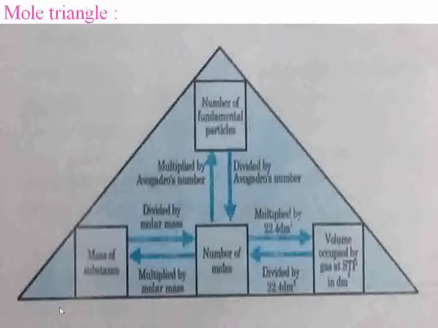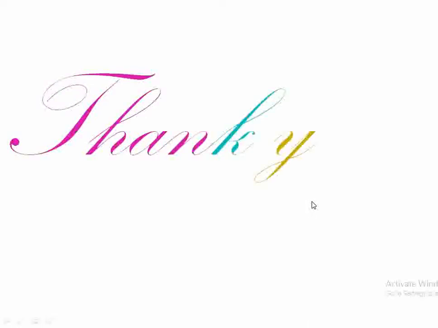The mole triangle is useful for converting moles into mass, number of particles, or volume of gas at STP in dm³. All three quantities are interconvertible with the number of moles using this mole triangle. Thank you.